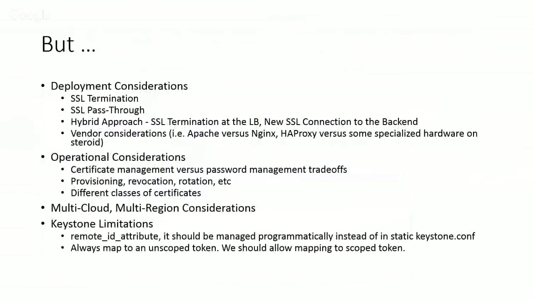So, using certificates is all fine and good, and it's beautiful and all that, right? But to use this in production, there are many considerations that need to be taken into account. First of all, deployment-wise, nobody is going to allow an external client to directly talk to your Keystone instance.